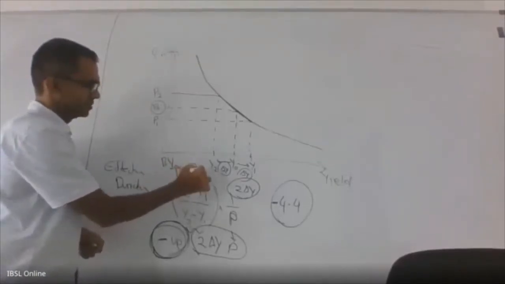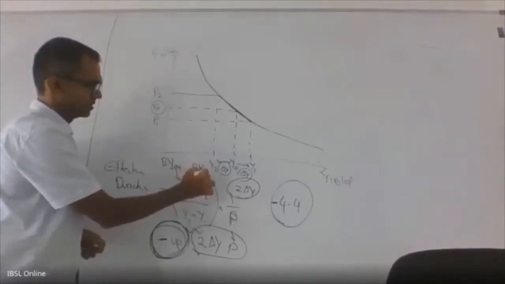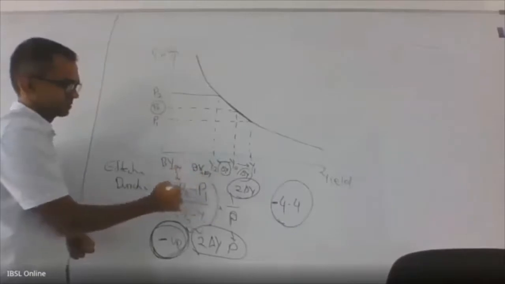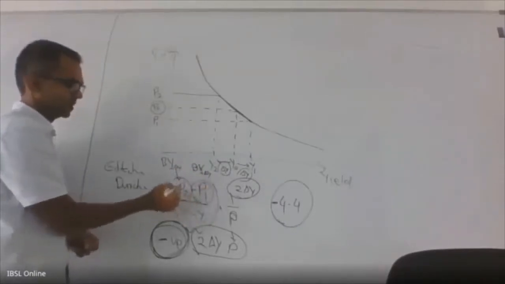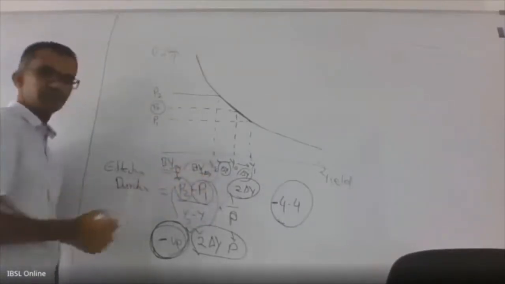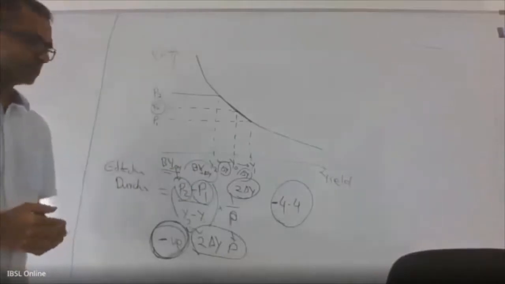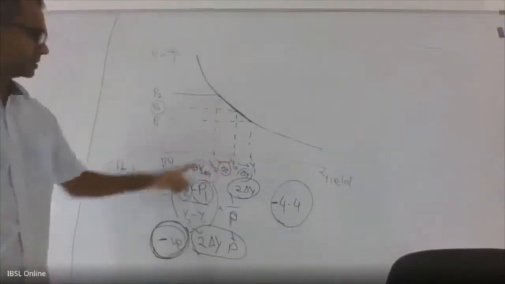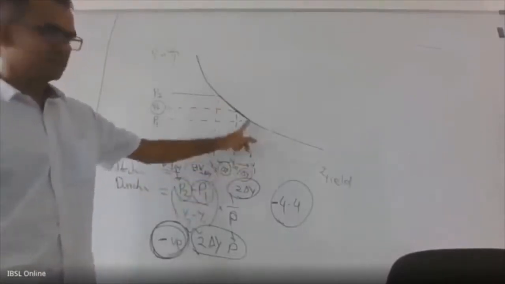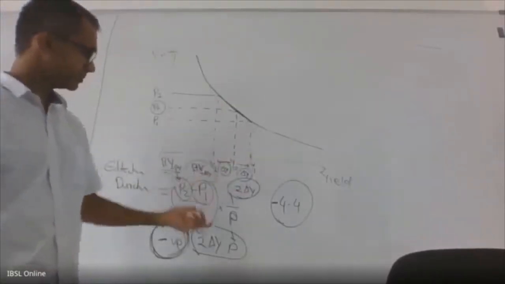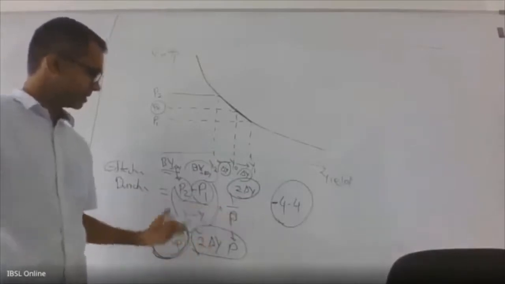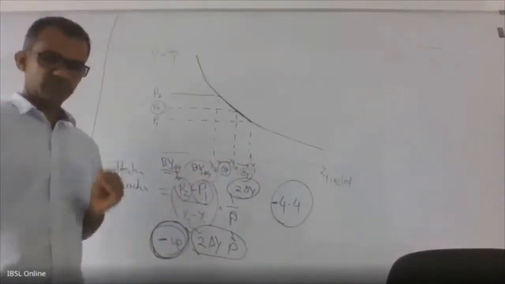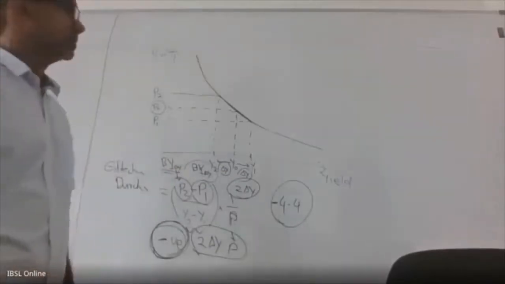This is the bond value when yield increases. Instead of P2, P1, I have used different notations. The first term is the price when the yield decreases, the second term is the price when the yield increases. Divide by the current price and the total yield difference.